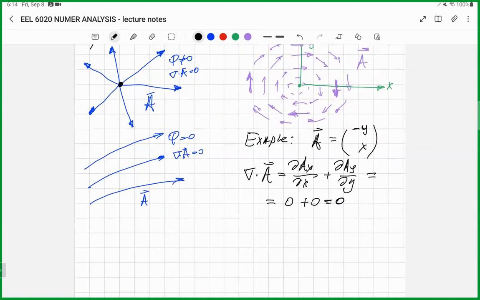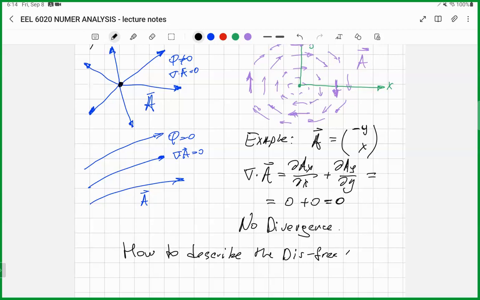Hence, this name divergence free field. So no divergence. Then how to describe the divergence free field?